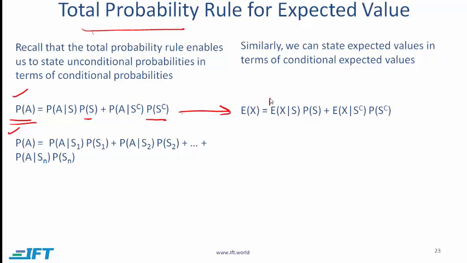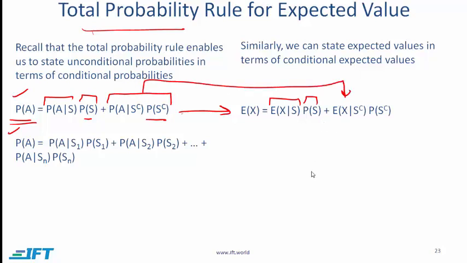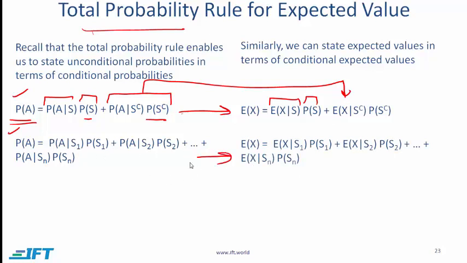Here we are taking the expected value of x given event s. Here we are taking the probability of a given event given s. So then we multiply by the probability, which is the same thing over here, and hopefully you can also see the parallel between these expressions. And for a situation where you have more than one scenario, you can see the parallel between these two expressions.